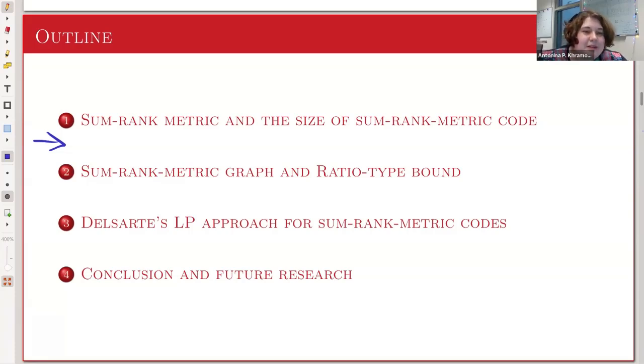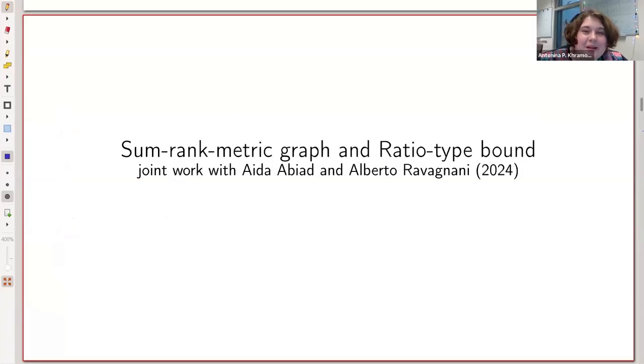Then I'll explain the Delsarte's LP bound in general and hopefully address why it's hard to do it for sum rank metric, why it hasn't been done before. And then we'll address it for sum rank metric and introduce the Delsarte LP bound.